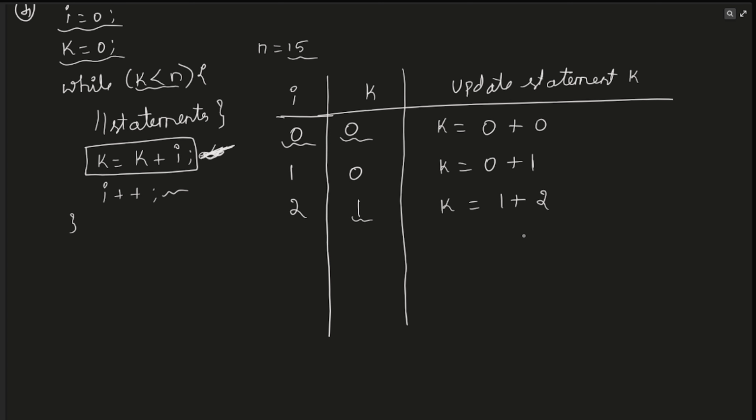Even we can consider these as well, 0 plus 1. i value gets incremented to 3. k value is 3. 3 less than 15. So k value gets updated. Take current k, 0 plus 1 plus 2 plus 3, add i to it. Now i value gets incremented to 4. k value is nothing but 3 plus 3, 6. 6 is less than 15. So update k value, take current value of k and add i to it.